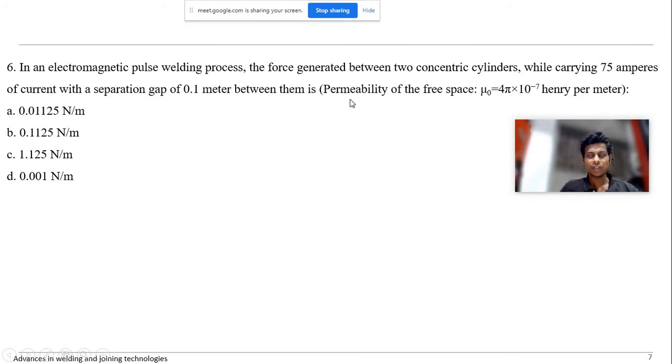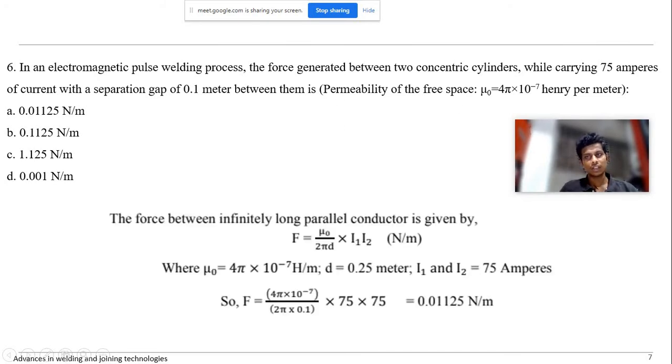All we need to find is the force required. Based on the law, we have a direct relation: the force between infinitely long parallel conductors is directly proportional to the currents I1 and I2 carried through the conductors, and inversely proportional to the gap between them. So the relation is mu naught divided by 2 pi d into I1 I2.